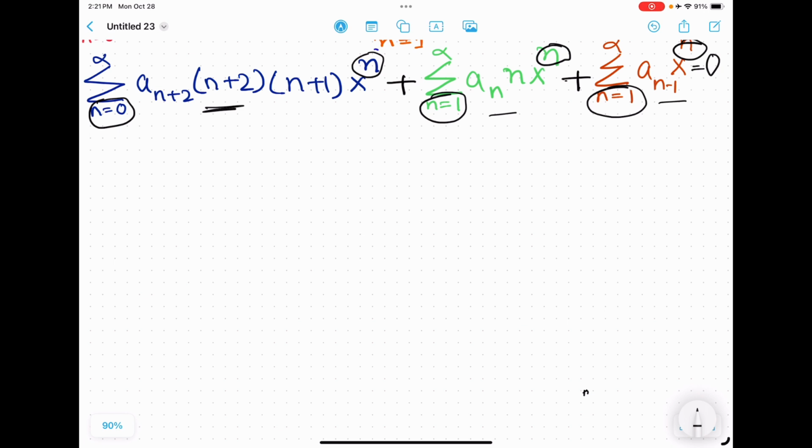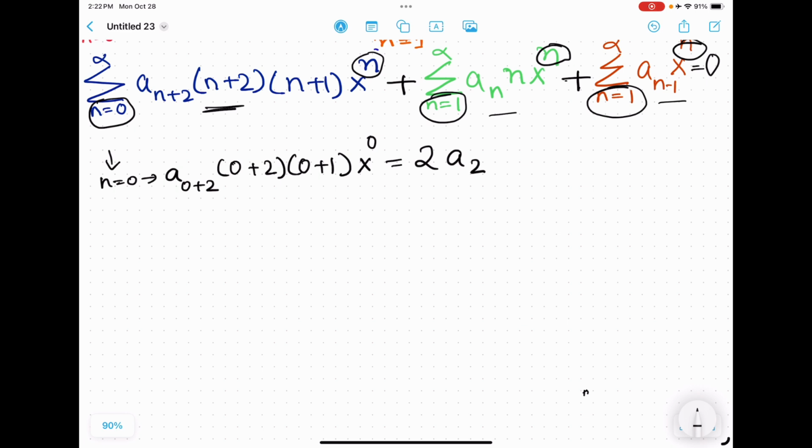All we've got to do is write the n equal to 0 term separately. If I do that, I have a sub 0 plus 2 times 0 plus 2 times 0 plus 1 times x to the power 0, which is basically 2a sub 2.